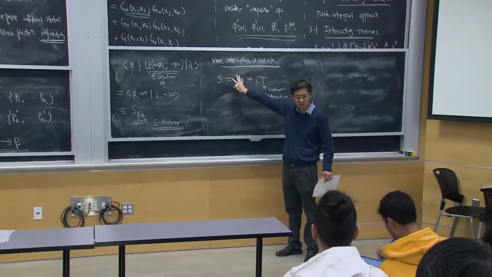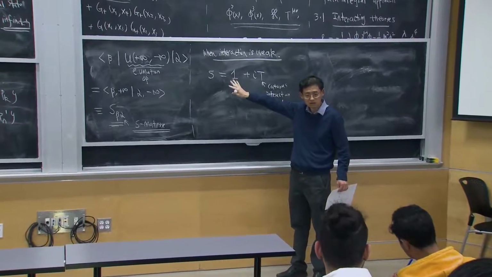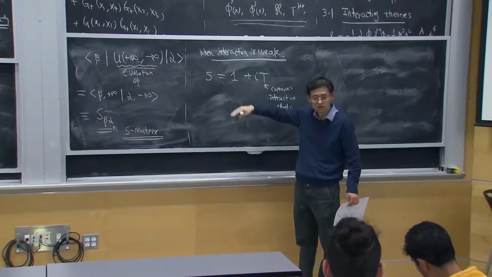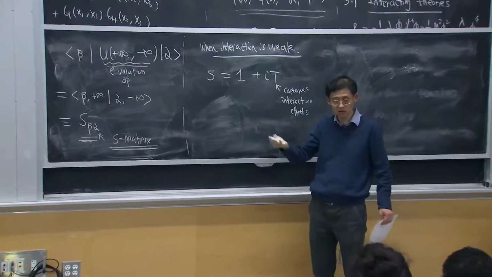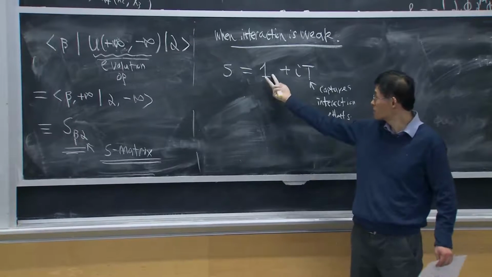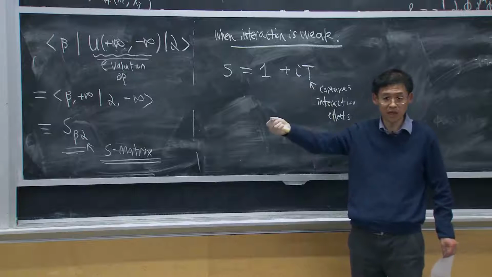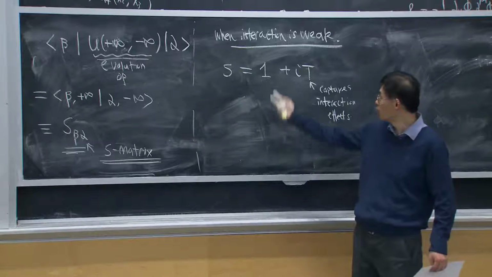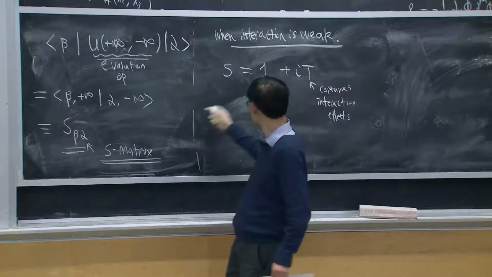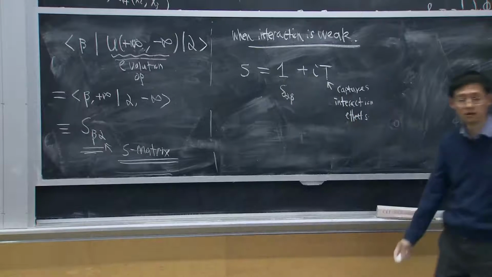You always go back to it, so the state does not change. The identity means delta alpha beta, just alpha must equal beta. Oh, I see. Yeah.